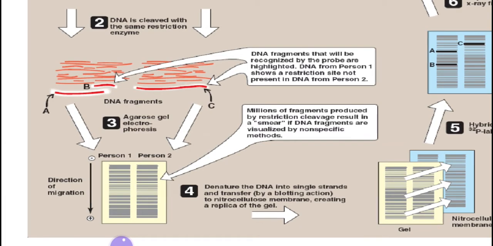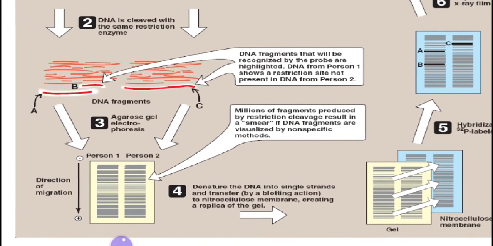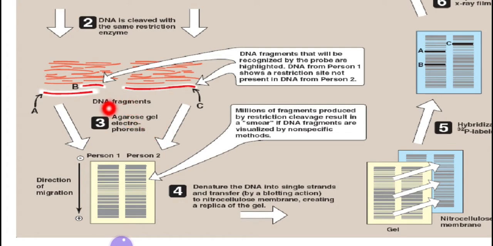We do the electrophoresis of these DNA which were restricted, denature the DNA into single strands, and transfer it by blotting action to the nitrocellulose membrane for further analysis, creating a replica of the gel.